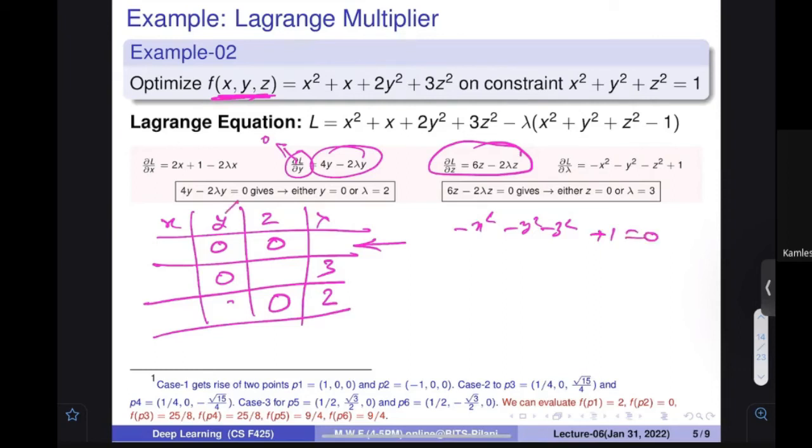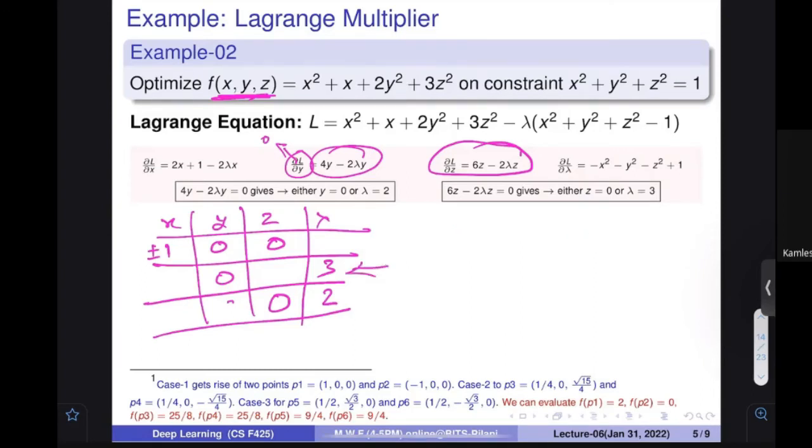Here y and z are 0, so they go away. So you get x is equal to plus minus 1. Am I right?